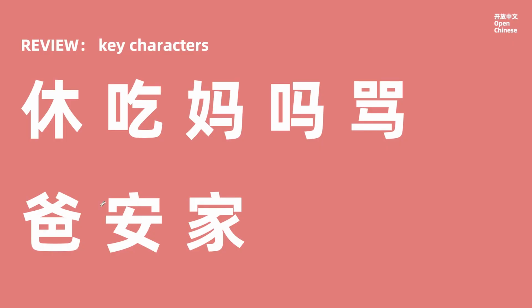Okay. Let's review the key characters here. 休, to take a break, right? A person and a wood take a break. 吃, meaning to eat. 口 gives the meaning and 乞 gives the sound to 吃. 吃, to eat. 妈, meaning the mother. 女 on the left side gives the meaning, related to women, female, and 马 horse on the right side gives the pronunciation of it, right?